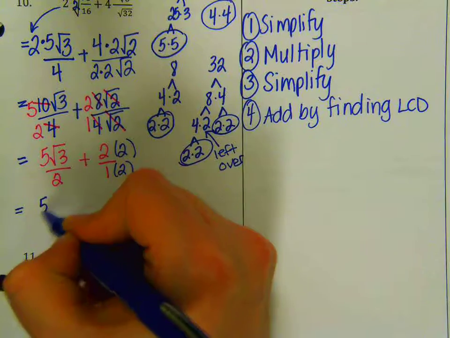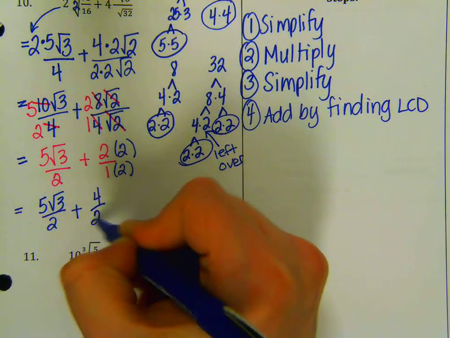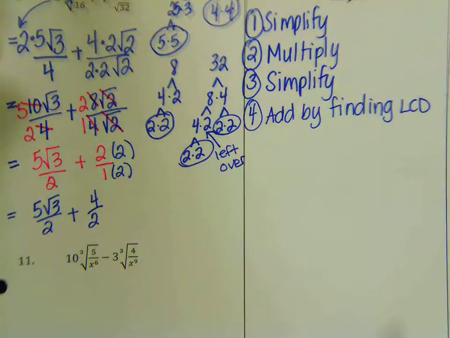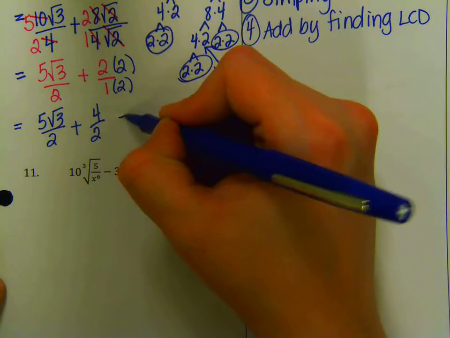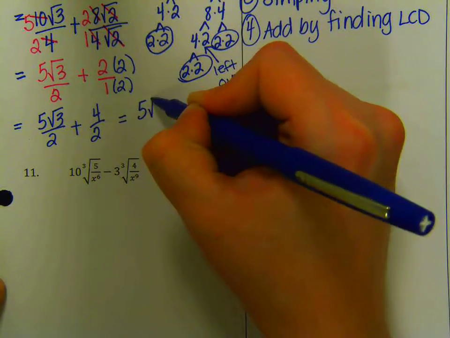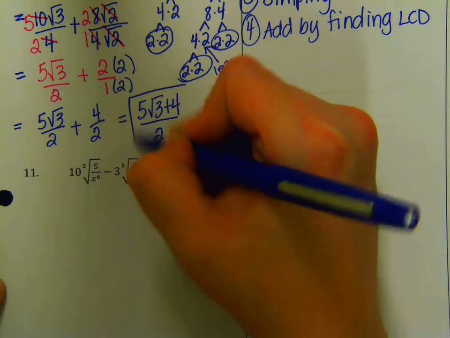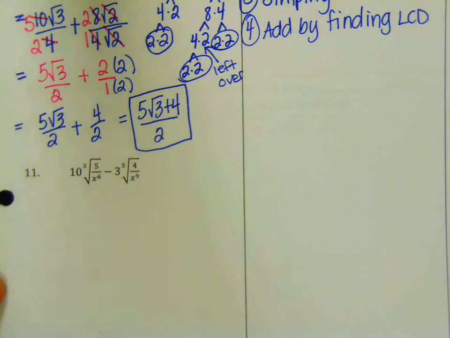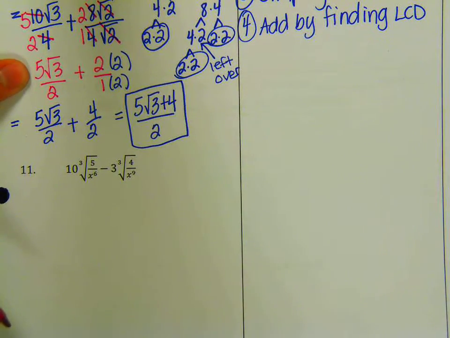So I have 5 radical 3 over 2 plus 4 over 2. I just multiplied the tops and the bottoms. Now that I have the same radical, same denominator, I can just write it as 5 square root of 3 plus 4 over 2. It doesn't really change it much at all. That's just how the book is going to look. I'd be completely fine leaving it as 5 root 3 over 2 plus 2.